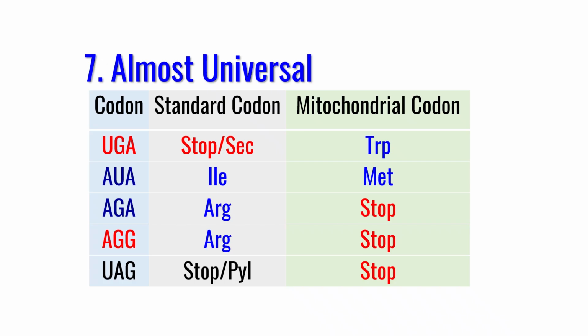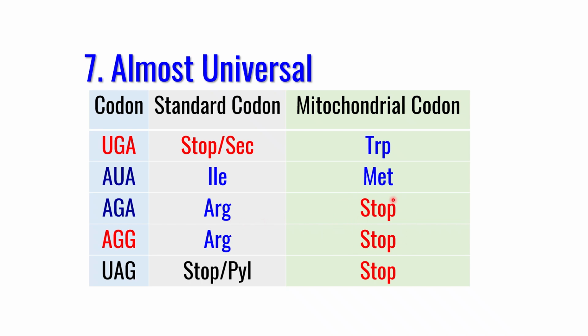So the next property of genetic code is that genetic code is not universal. It is almost universal. The reason is there are differences between the standard genetic code and the mitochondrial genetic code, as well as in archaebacteria, which is not shown here. For example, in mitochondria, AGA and AGG, which are encoding arginine as sense codons, are stop codons in the mitochondrial system.